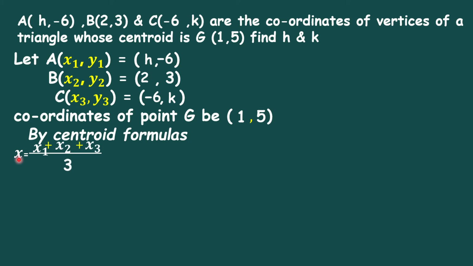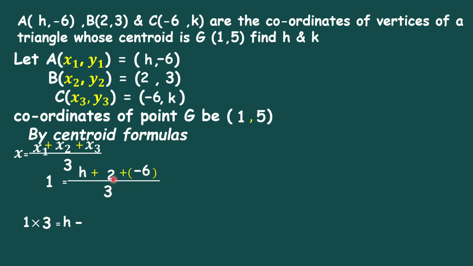Here the x coordinate of centroid, which is 1, equals the x coordinate of point A, which is h, plus the x coordinate of point B, which is 2, plus the x coordinate of point C, which is -6, divided by 3. Now transfer this 3 to LHS. Divide becomes multiply. Therefore 1 into 3 is equal to h, as it is.